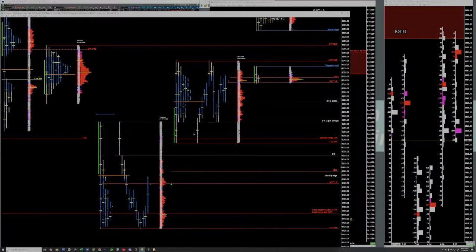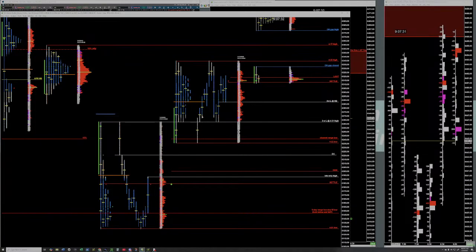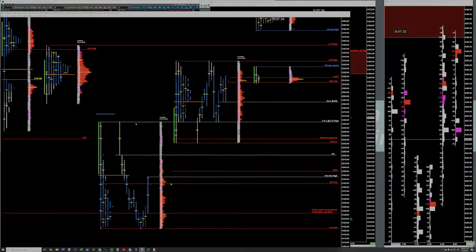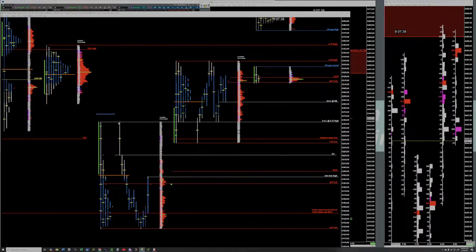And pay attention to this. The market takes previous day high out during the first period, which is a sign that the market has relative strength.